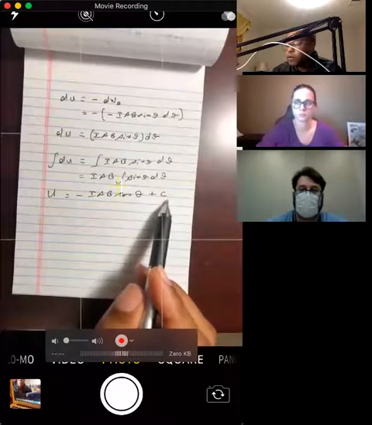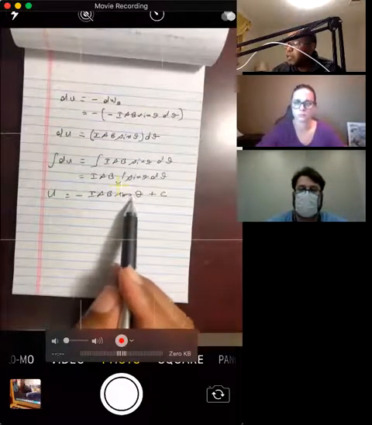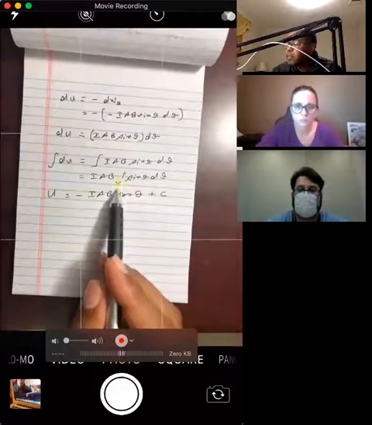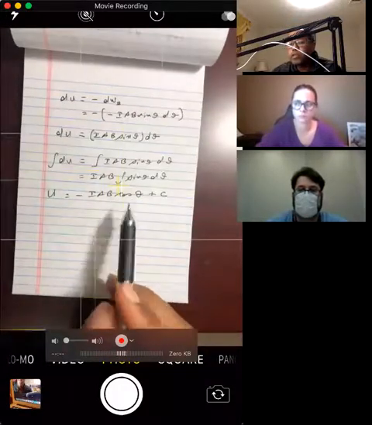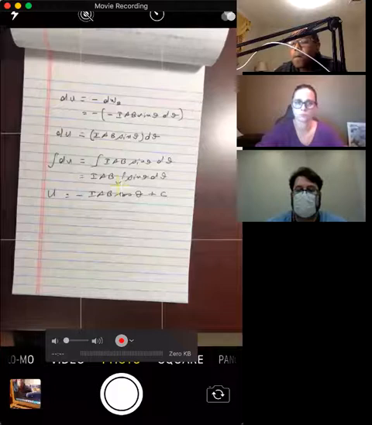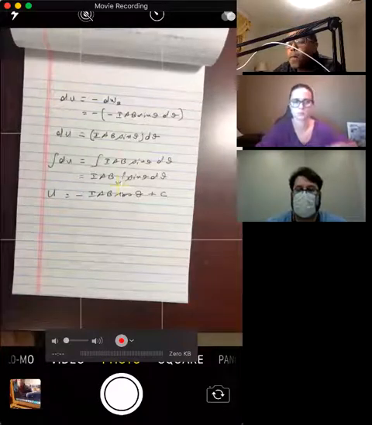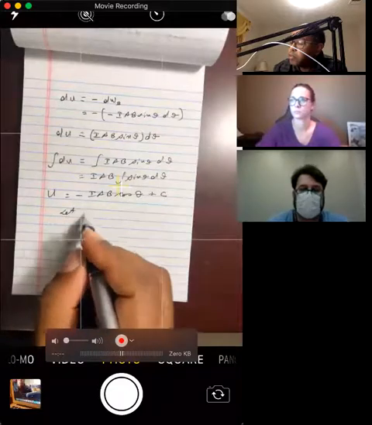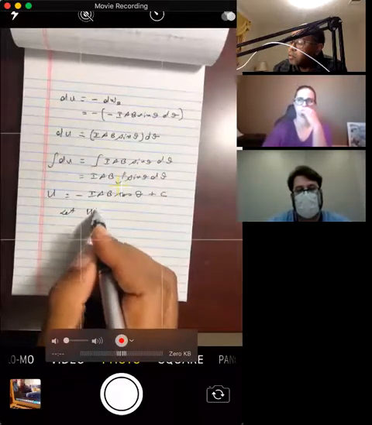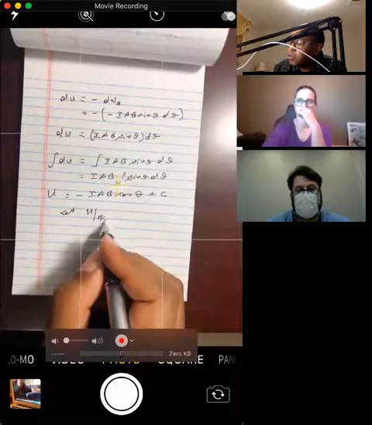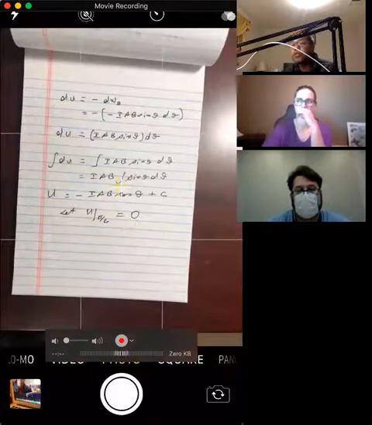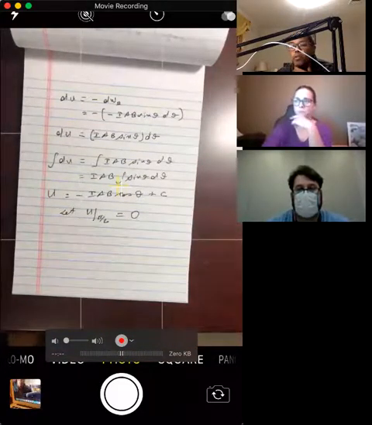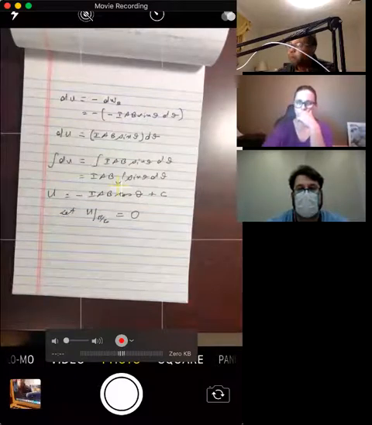To get rid of C, I have to define this in such a way that cosine of theta is zero. Where is cosine of theta zero? Pi over 2, okay? So let the reference point be pi over 2, let U at pi over 2 equal 0.